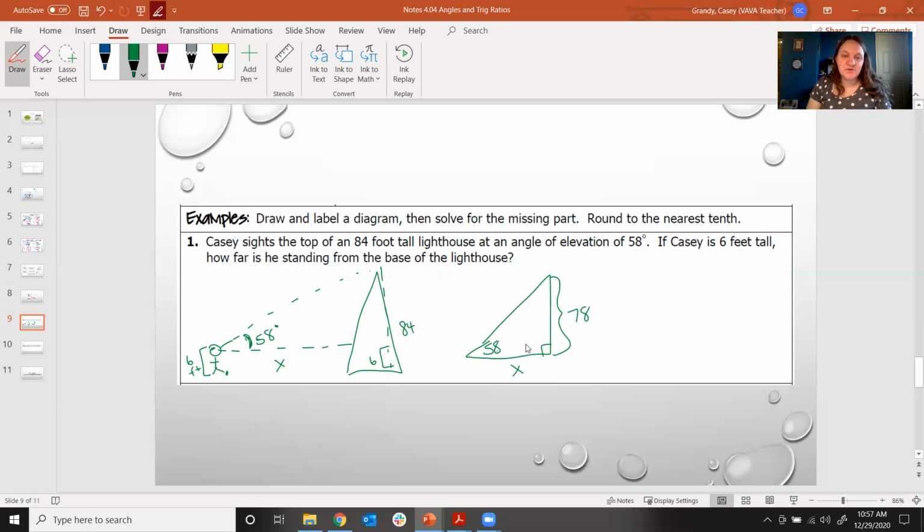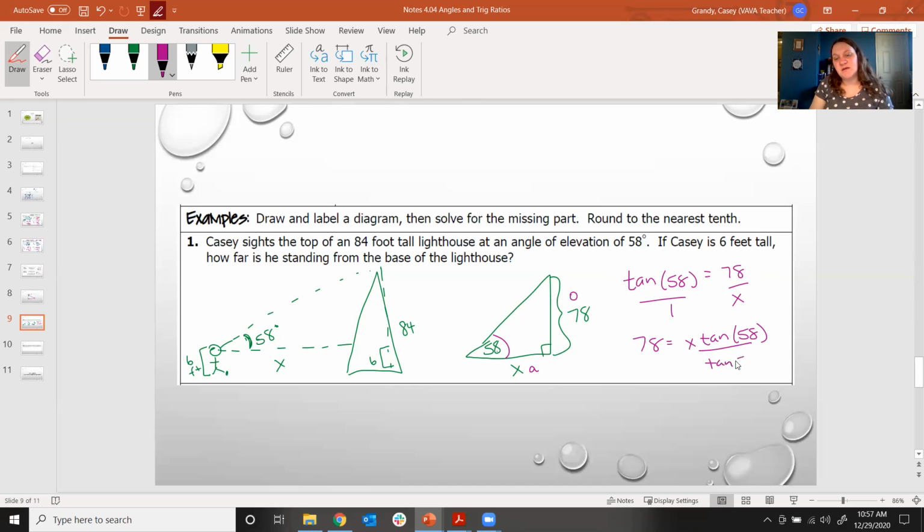Now that we have our right triangle, we can solve for x. 58 is our angle, 78 is our opposite, x is an adjacent. So we're looking at tangent. The tangent of our angle is the opposite over the adjacent. We will cross multiply here. Oh, we got to divide by the tangent of 58.